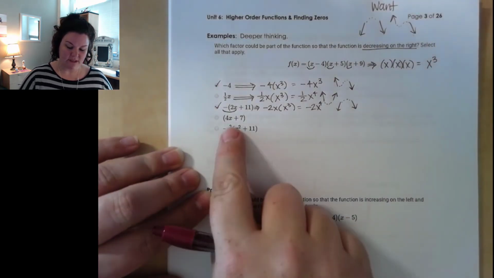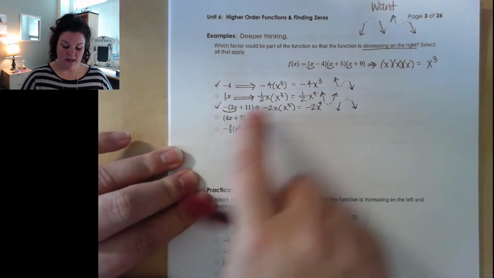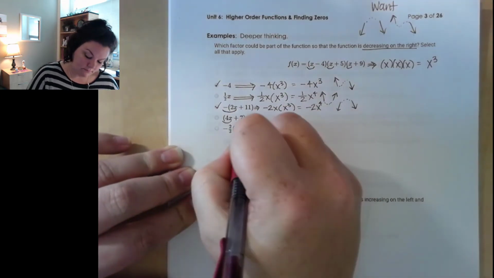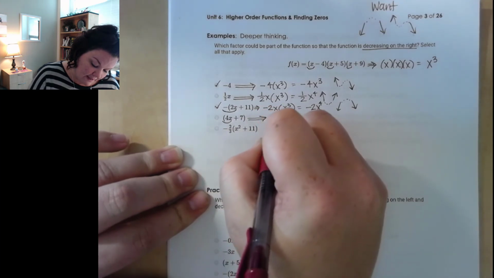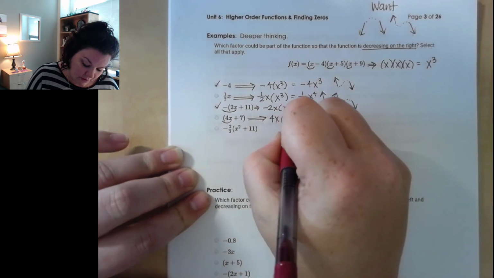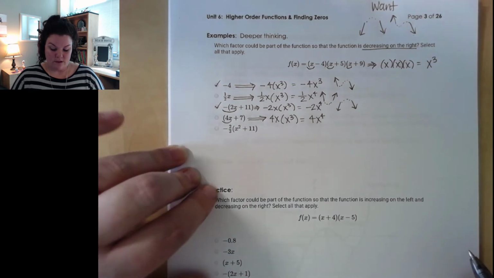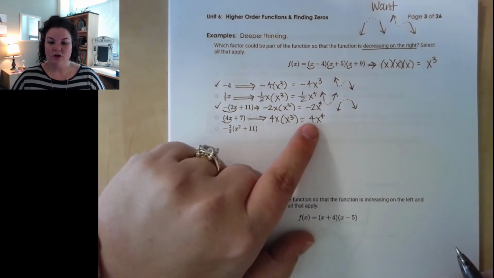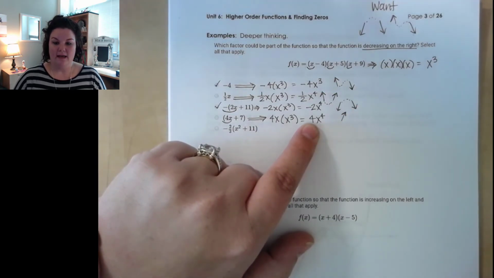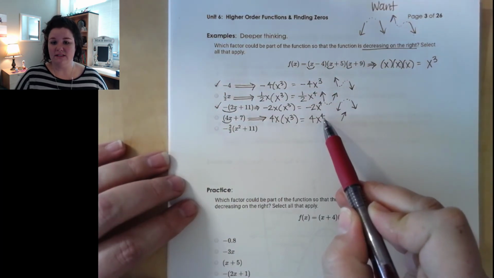Okay, so let's look at this one. The highest degree term of this quantity, if we were to put this quantity up here and multiply it on, is the 4x, right? So if I do 4x times the x cubed, which is the leading term of my original function, I would get 4x to the 4th. Now my leading term is positive, which means my right side goes up, and my degree is 4, and since that's even, my ends go the same direction.